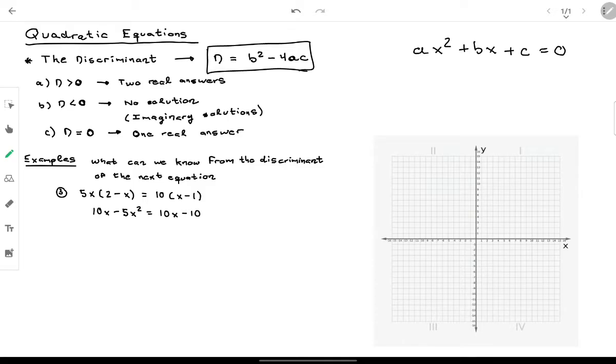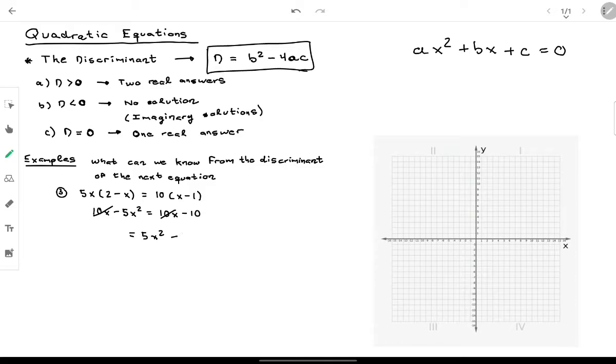If we send that to the same side, I will send them to the right in order for the x squared to be positive, or you can send it also to the left. It's going to be the same. So if we send them to the right, it's going to be 5x squared. What will happen with the 10x? It will be 10x minus 10x, so the 10x will disappear.